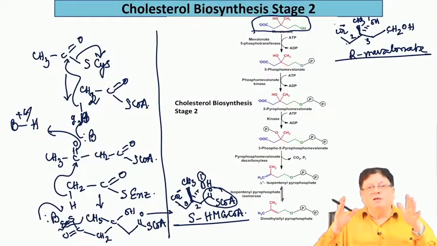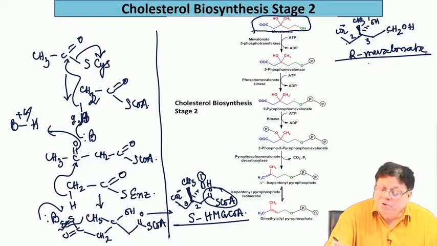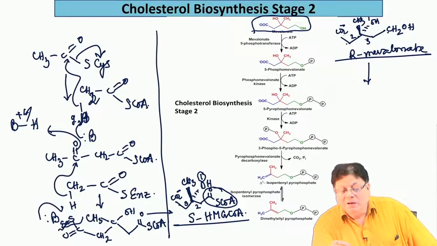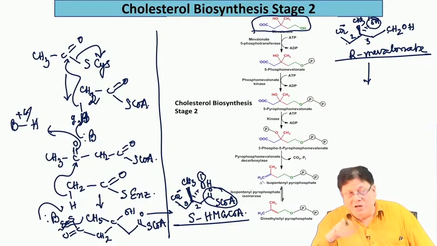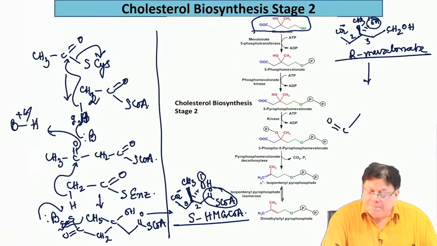How is the C5 unit formed? You can form the C5 unit if you do a decarboxylation, a decarboxylative elimination, losing CO2, and then make a good leaving group out of the OH. So, phosphorylation of the OH. So this is the structure.